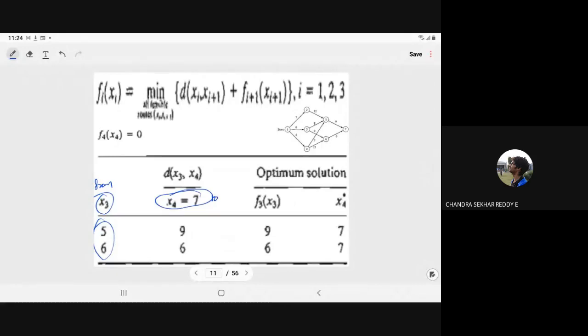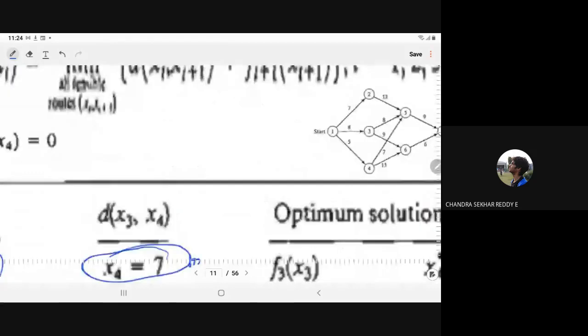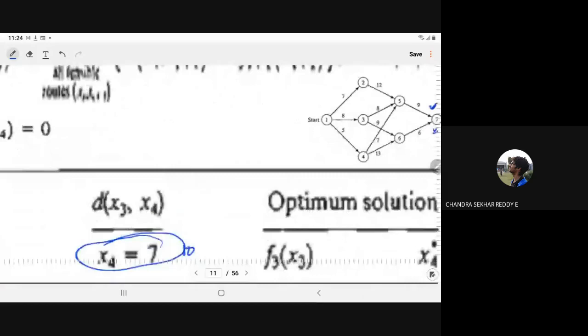And we know that for stage 3, because it is the first travel, there is no previous calculation. So for stage 3, the optimal distances will be 9 and 6, and that optimal you have achieved from node 7, from node 7 to node 5 and from node 7 to node 6.